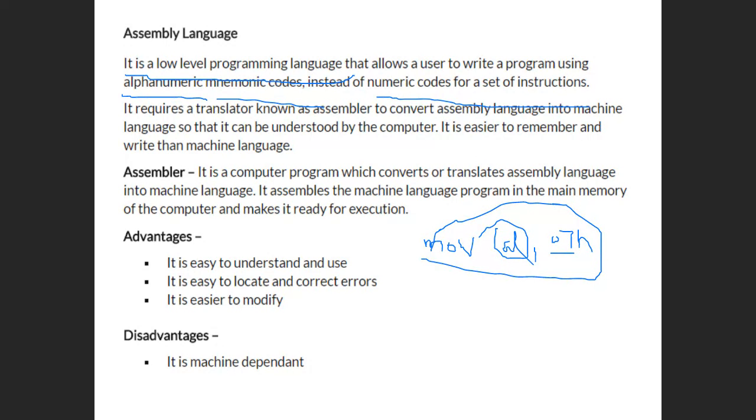The opcode is called the mnemonic code, instead of numeric codes for all instructions. The binary code for this one, just as an example, is B807. This is the machine code or binary code for this instruction.